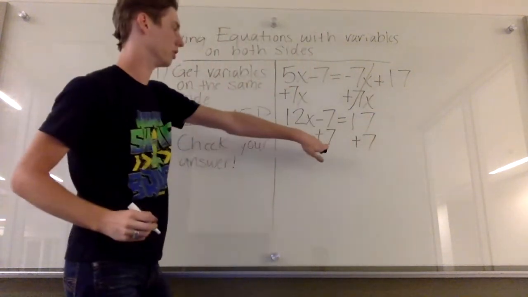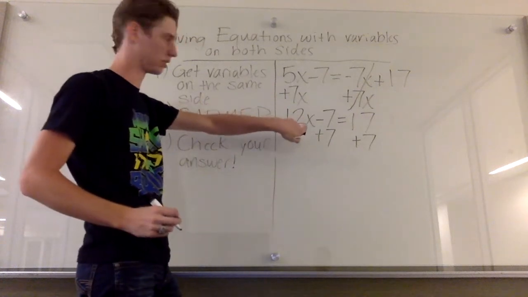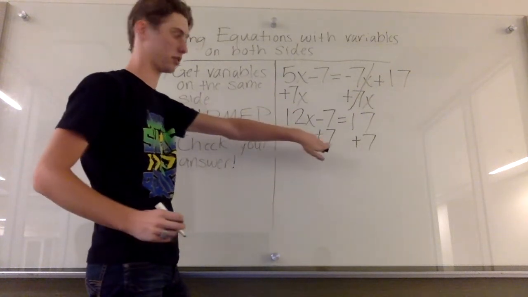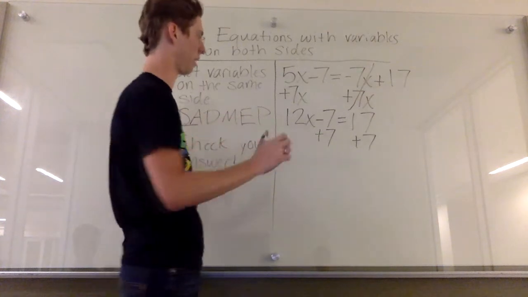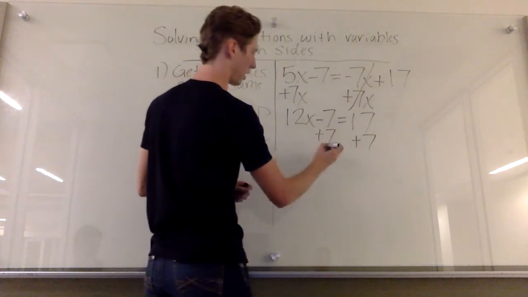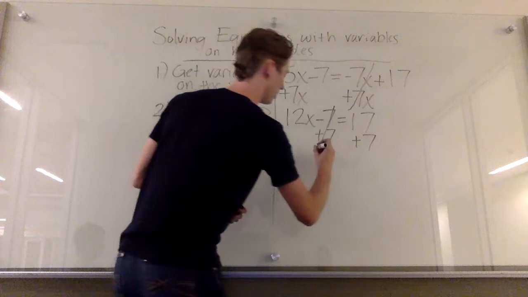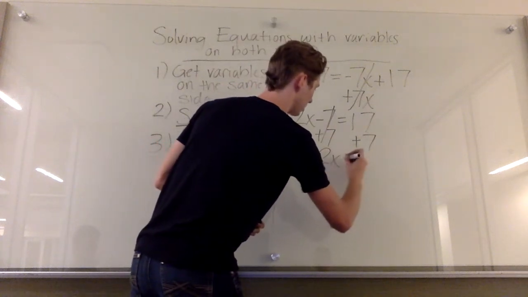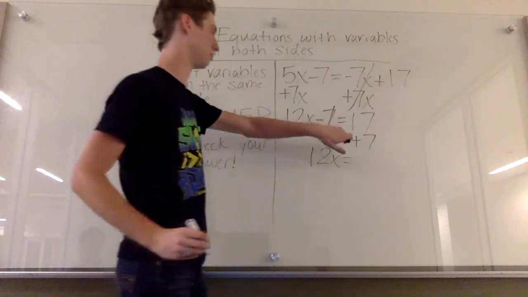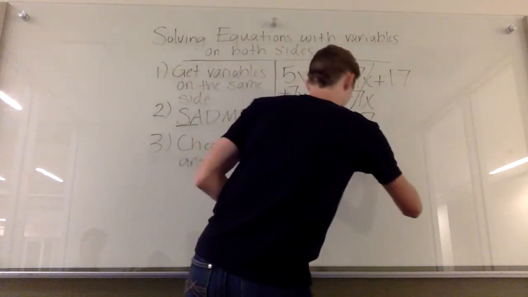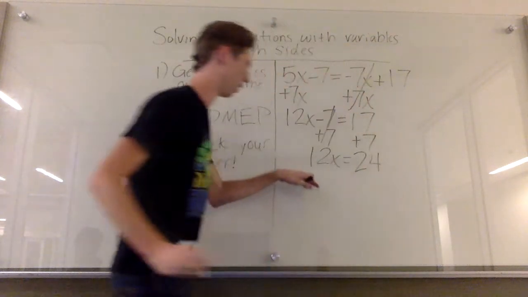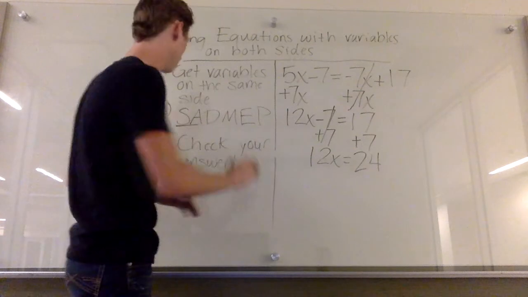And again, we couldn't add this 7 to the 12x because that's x's and that's normal numbers. Can't do that. All right? So on this side, we've got these two that are canceling out. We're left with 12x equals 17 plus 7 is 24. All right?